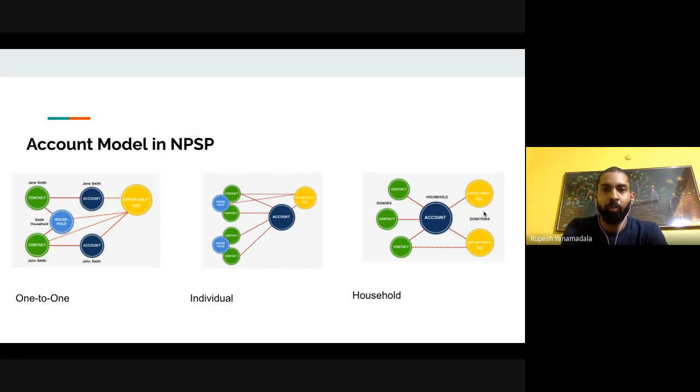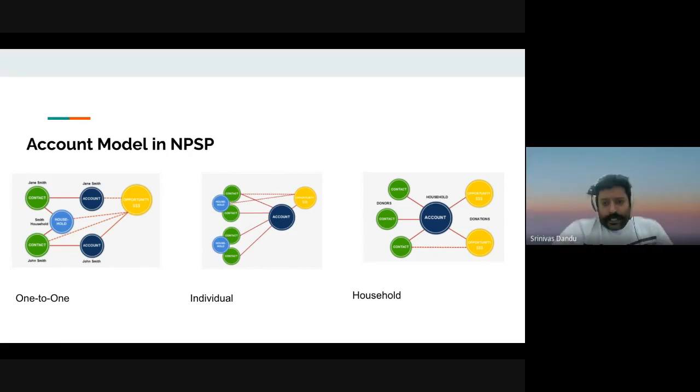In a household account model type, there won't be any separate object for household. The account itself is considered as a household object, which can have multiple contacts and multiple opportunities. It's a little difficult to relate these contacts and accounts in the individual model.